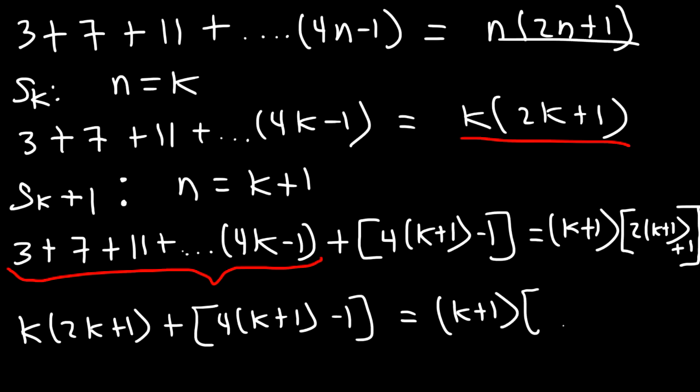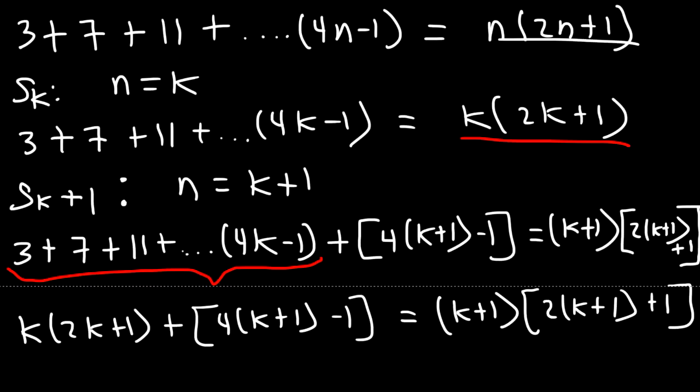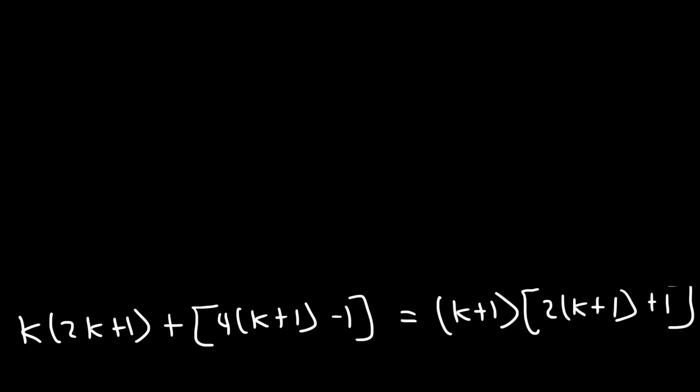How can we prove that these two sides of the equation are equivalent to each other? Feel free to pause the video and try it. For this example, the best thing to do is to combine like terms, distribute, and FOIL.